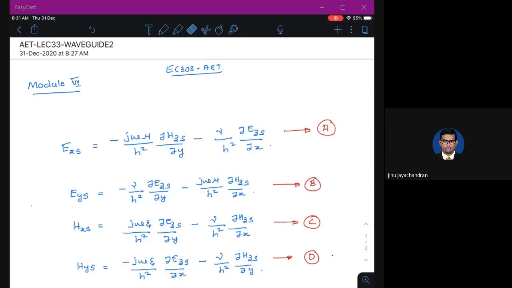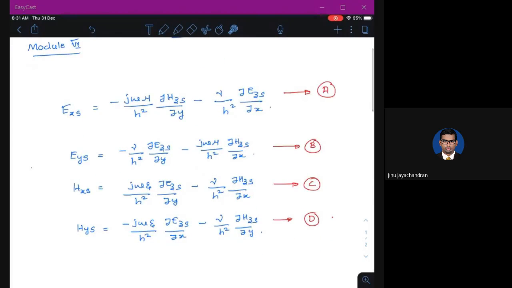Good morning. So we'll be continuing with module number 6, waveguides, in this lecture also. In the last lecture, we derived the expressions for the components of electric field along x, y, and the components of magnetic field along x and y.